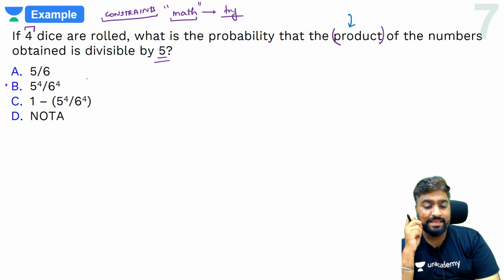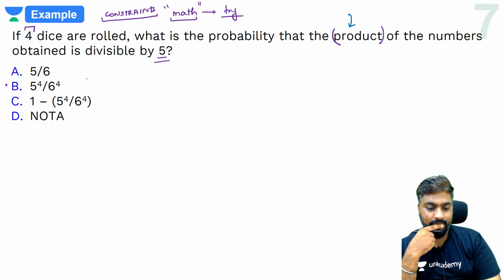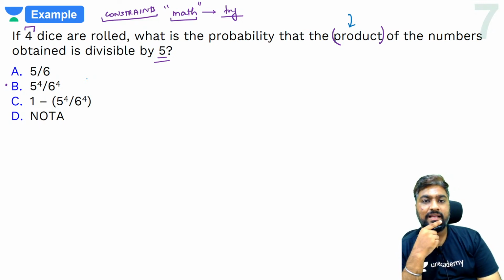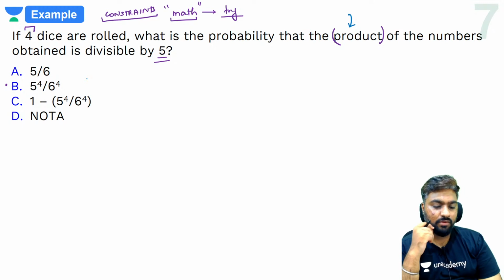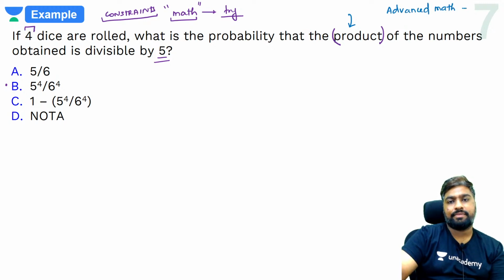Oh, Anurag, in that case we will do advanced math separately then. IPMAT advanced math we will do separately. I didn't know you are preparing for IPMAT. But again, you don't have to know that complex concepts.